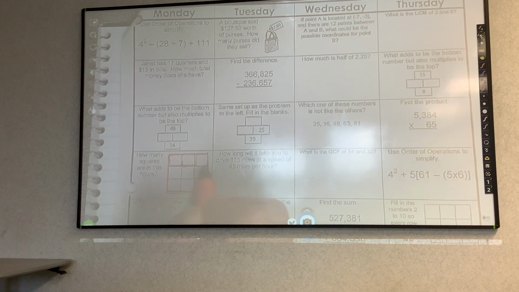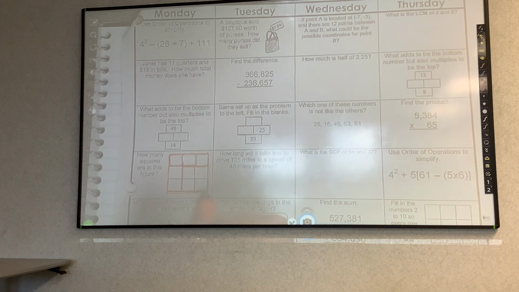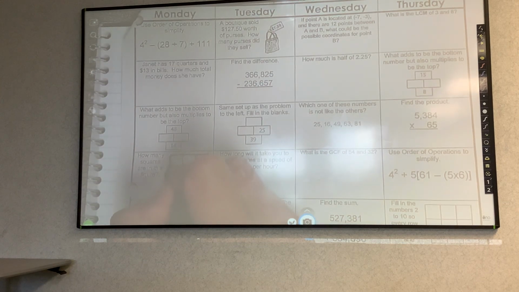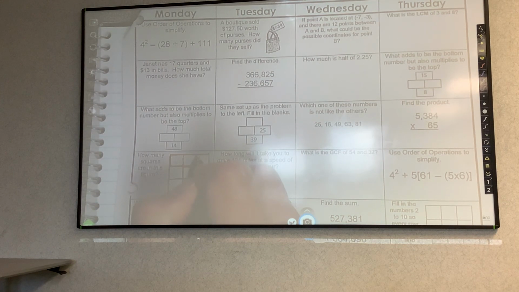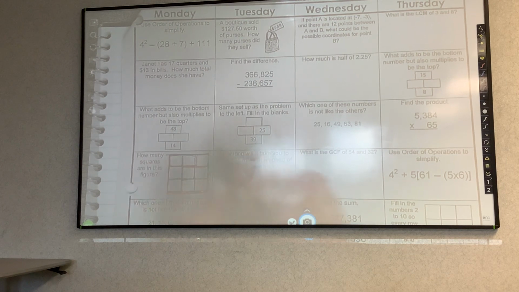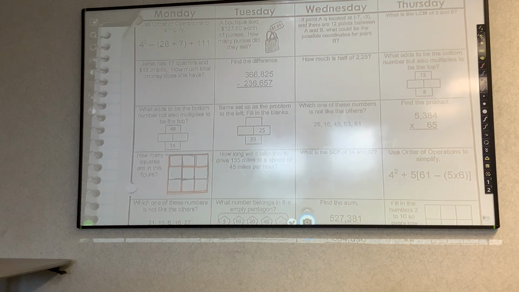There's 1, 2. So that big one made 10, 11, 12. I guess I am explaining it. And then this one is 13, and then 14.